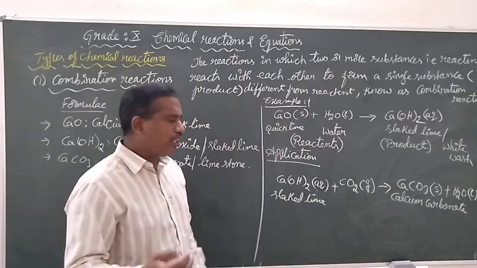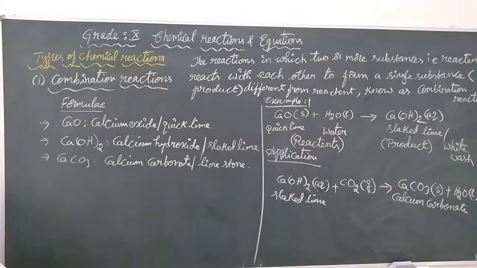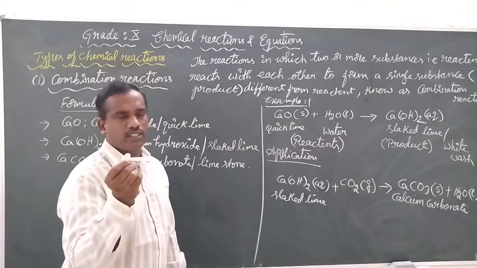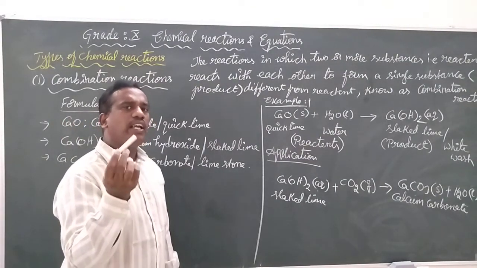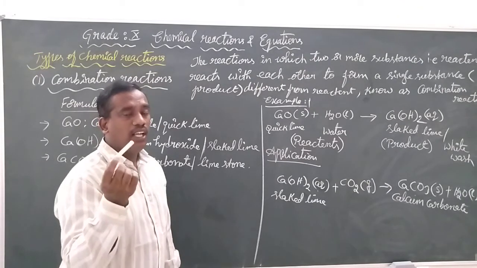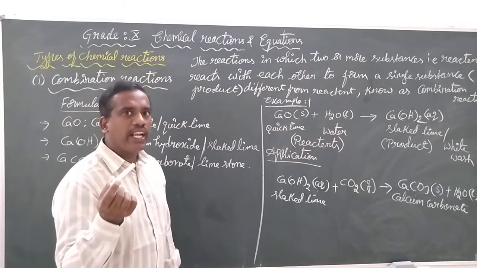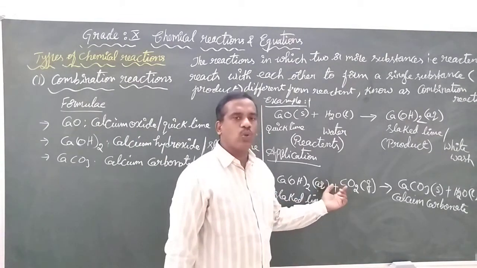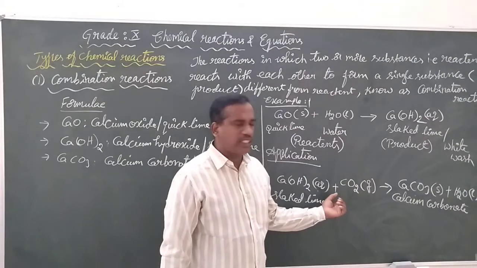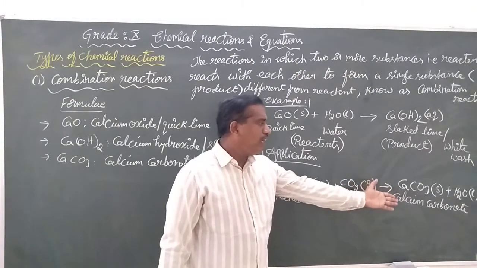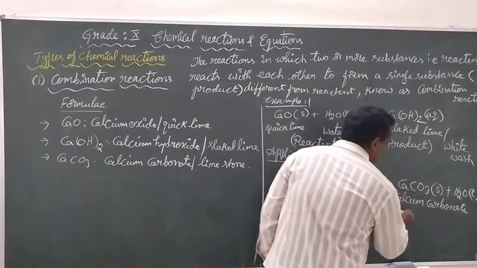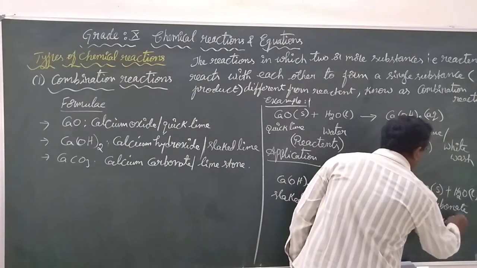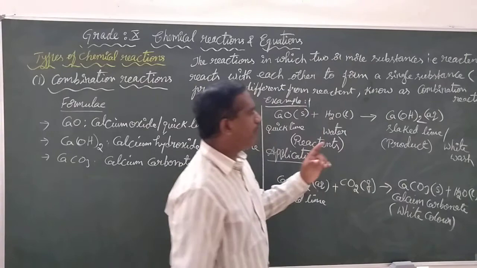What is the color of the chalk piece we have? We can find the piece of chalk is white in color. What is the formula of chalk? Calcium carbonate. The wall is also white in color because the slaked lime that we applied reacts with atmospheric carbon dioxide and forms the white colored calcium carbonate.